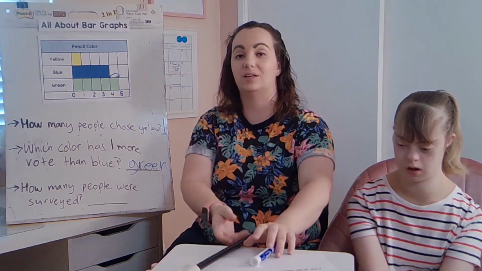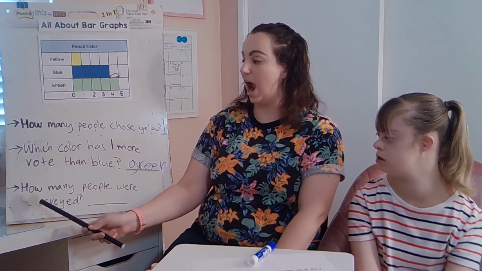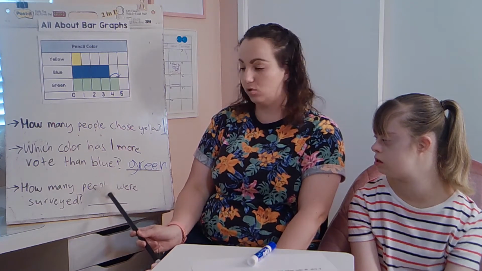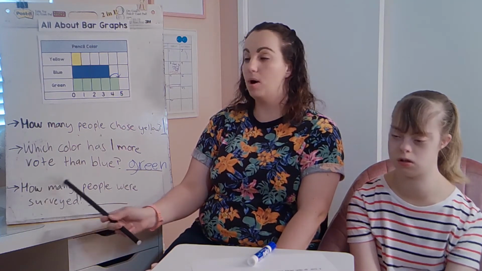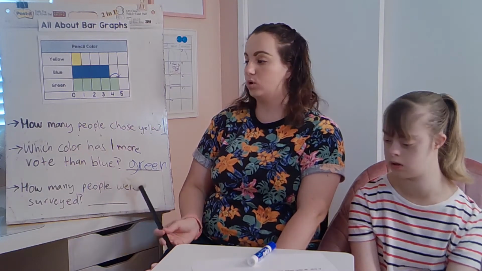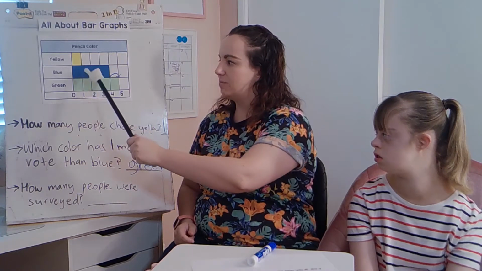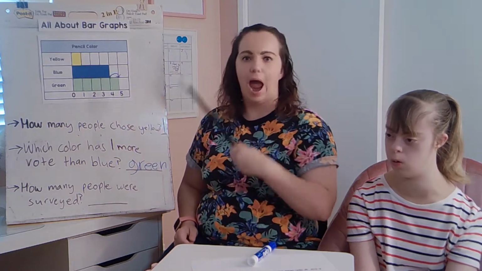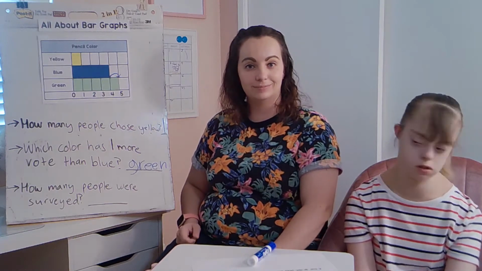Okay, let's look at the last question for this bar graph. It says, how many people were surveyed? Again, how many people were surveyed? They want to know how many people voted or chose their favorite pencil color.